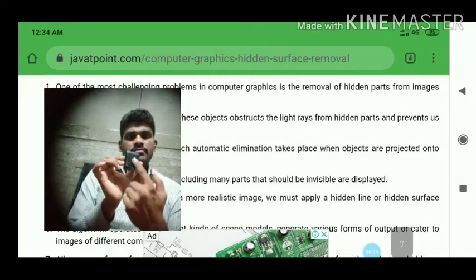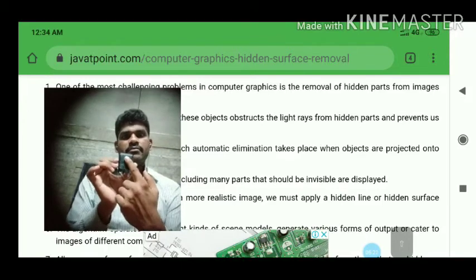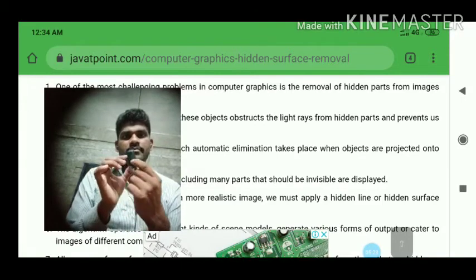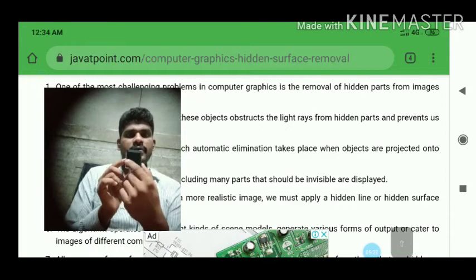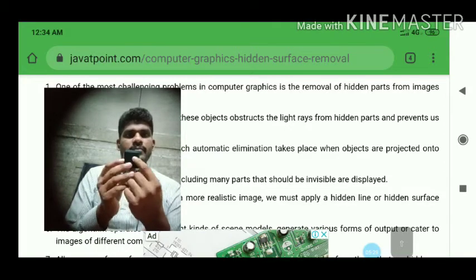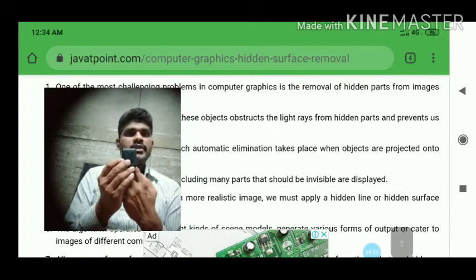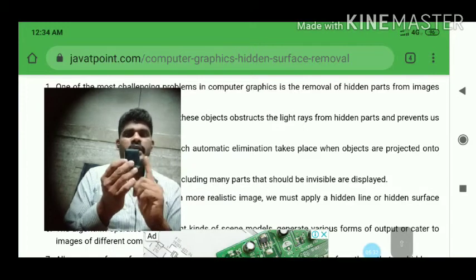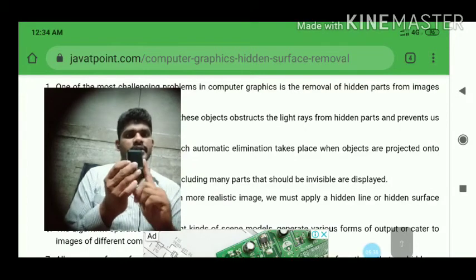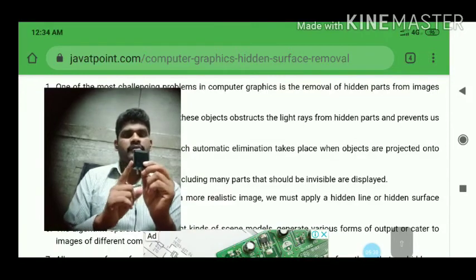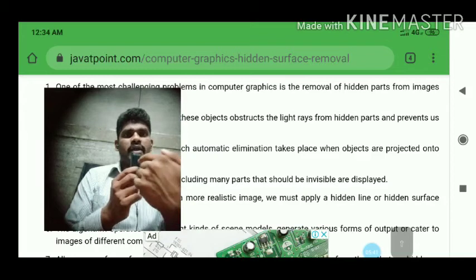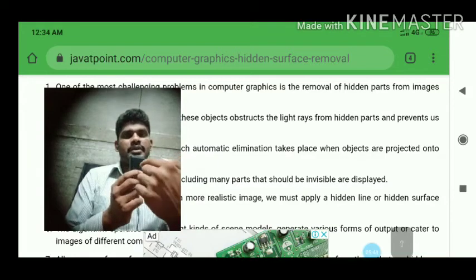This is the front view. At the same time, this one is the back view. When you look at the front view, the back is a hidden surface, and the side also you couldn't see. This is also a hidden surface, and this one also. When you are looking at the front view, I'm talking about only the front view.